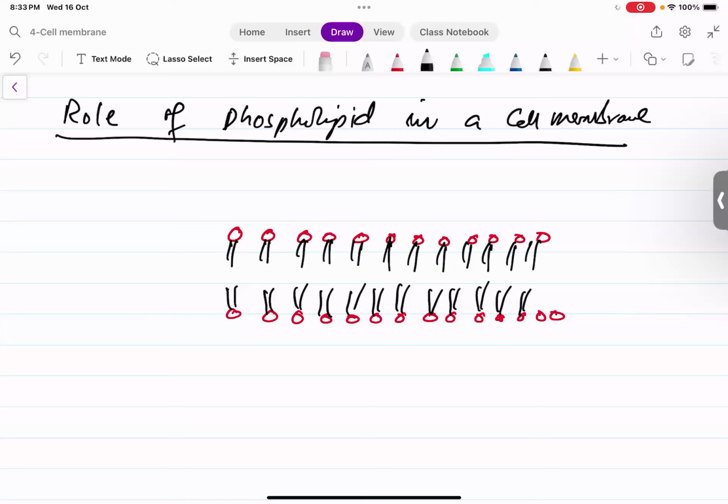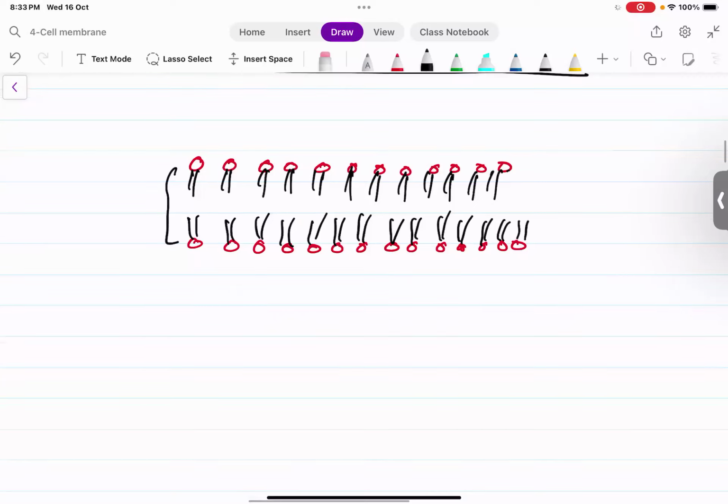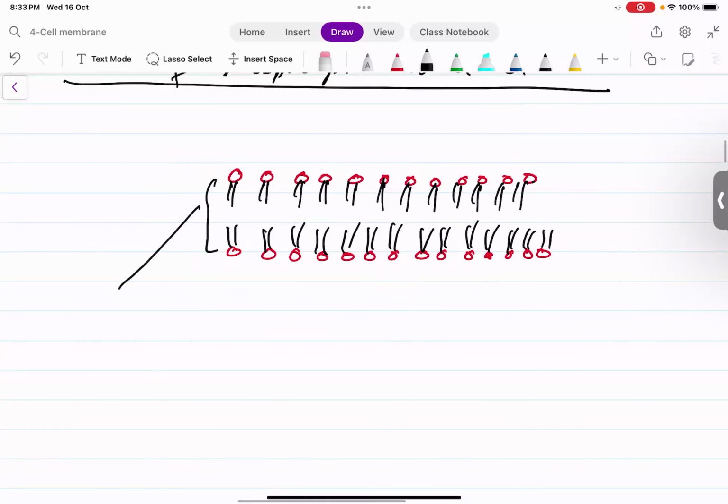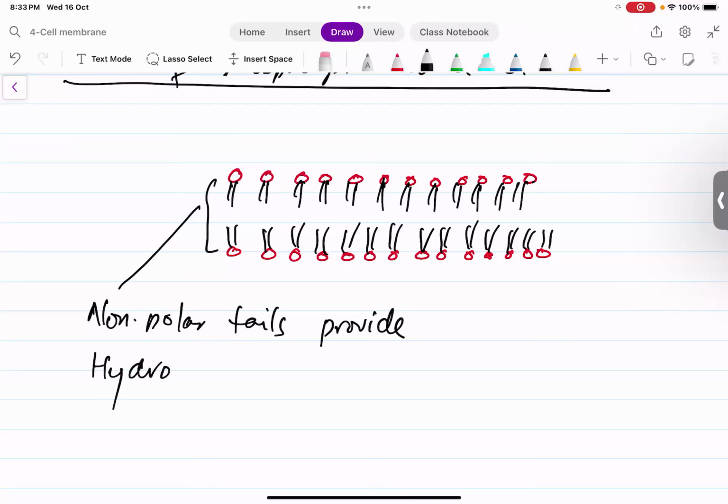These hydrophobic tails, or the non-polar tails, provide a hydrophobic barrier. What does this hydrophobic barrier mean?